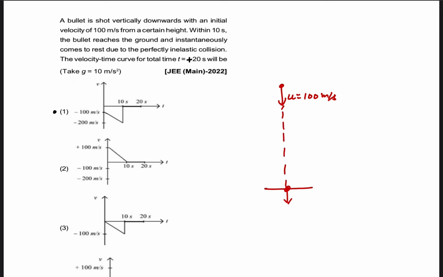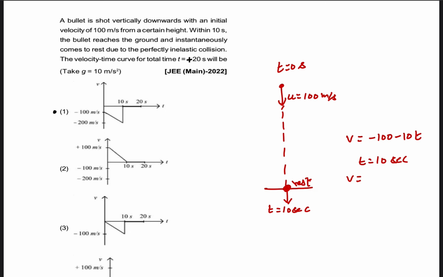It is dropped at t equal to 0 and reaches the ground at 10 seconds. After that it is at rest; it is not going anywhere. Now we can find the velocity and time graph. V can be written as minus 100 minus g into t, so minus 100 minus 10 into t.